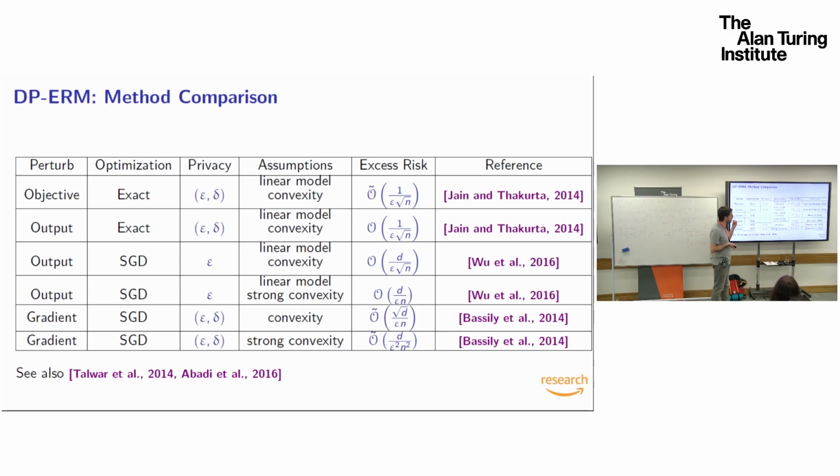It's a measure of how much prediction power you lose by requiring the output to be differentially private. What we see here is basically that if we assume that the model is linear and we assume convexity, then with objective perturbation, we get excess risk 1 over epsilon square root n, with some hidden logarithmic factors. But with output perturbation, we get the same.